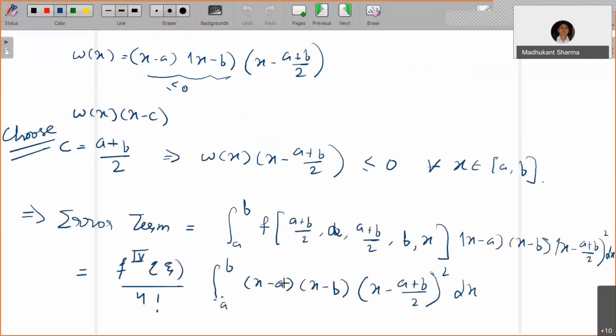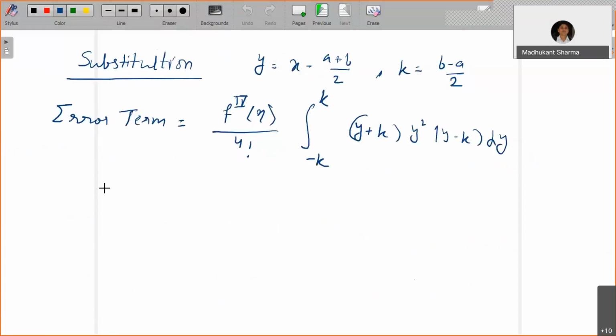You can see here, so you can write x minus a in the terms of y and k. Okay, so similarly for x minus b. What is y plus k? If you want to write, that is going to be x minus a plus b by 2 plus b minus a by 2.